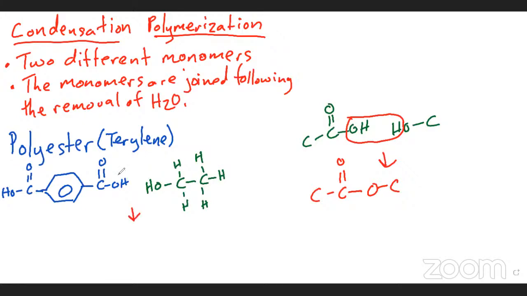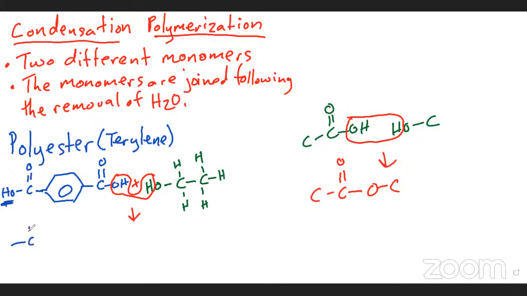I'm going to take away the OH of the acid. So the OH comes from the acid and the hydrogen from the alcohol. I'm putting the plus sign because I am reacting this monomer with this one. When you're doing polymers, you see the group that is taking part in the reaction. So for the benzene ring, it is the OH group of the carboxylic acid. So in my polymer, I am going to exclude the OH group.